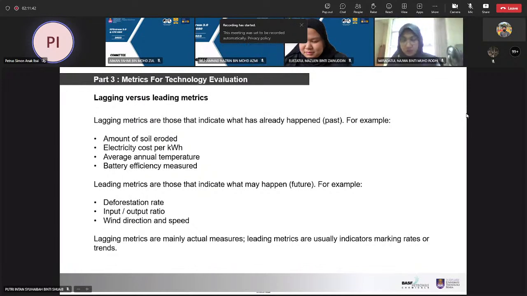What will the input-output ratios be, or for example, wind direction and speed. The lagging metrics are mainly actual measurements. Leading metrics are usually indicators of market rates, or we can name it a trend. All right, next.